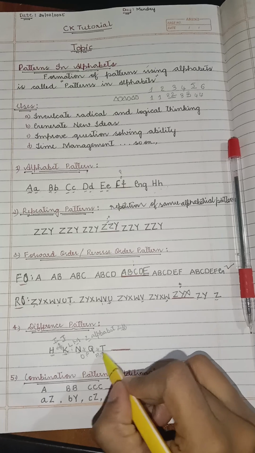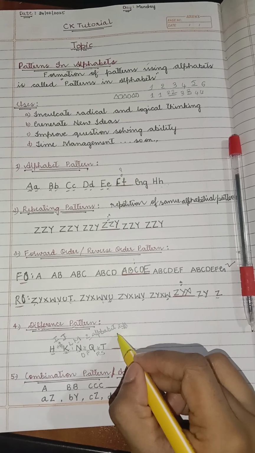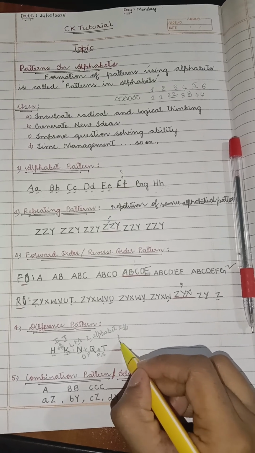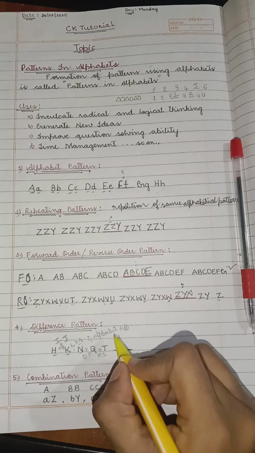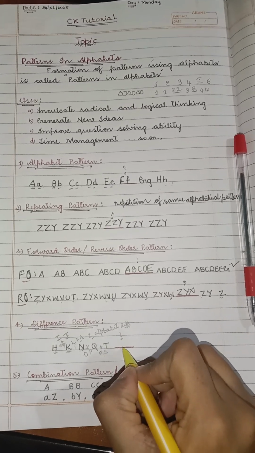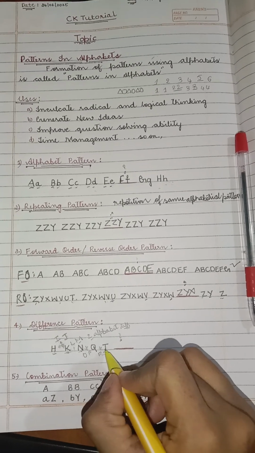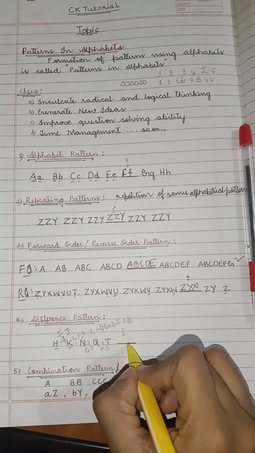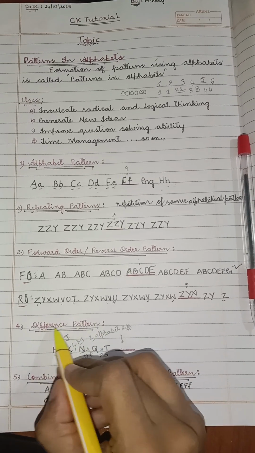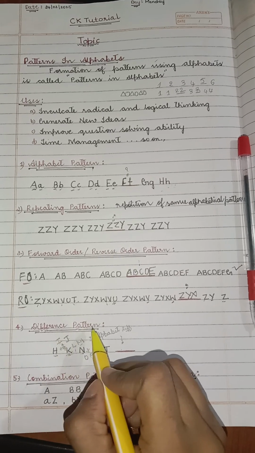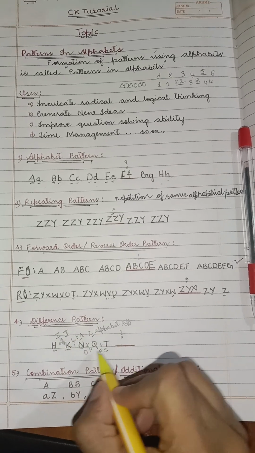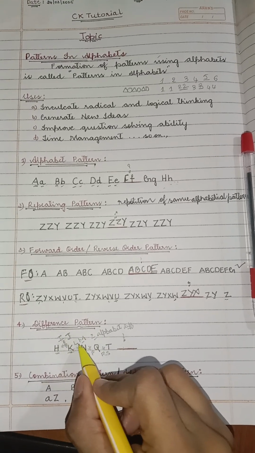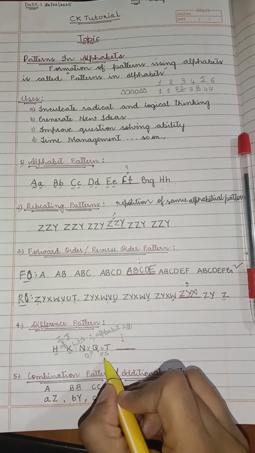But what will be the coming answer or the coming alphabet? Which alphabet are we going to write? Are we going to write the next order alphabet or the difference pattern answer? As they have given a difference pattern question, we have to answer in the same sequence, on the same pattern level.